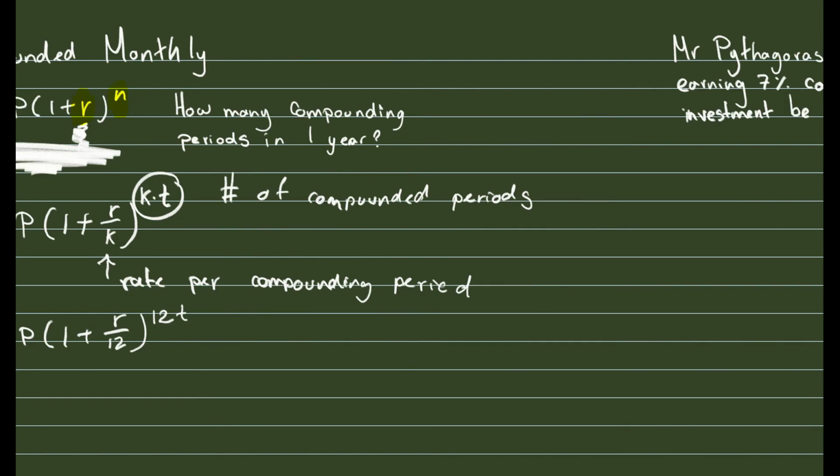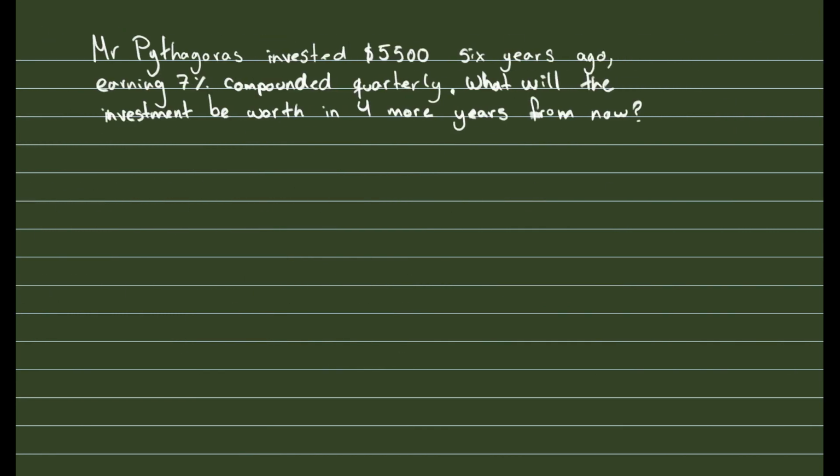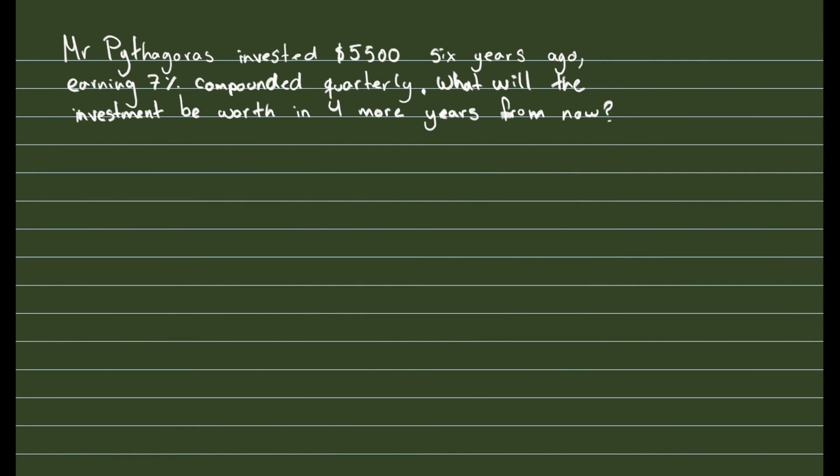Alright, so let's do a problem. Here we have Mr. Pythagoras, who invested $5,500 6 years ago, earning 7% compounded quarterly. What will the investment be worth in 4 more years from now?